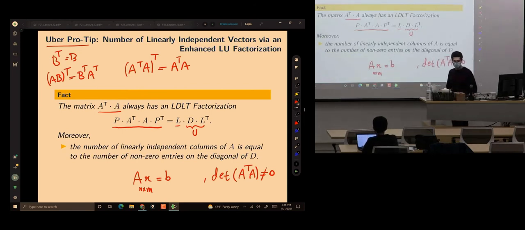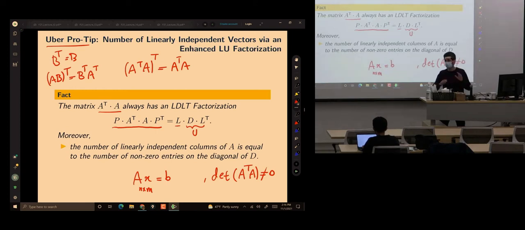Then we say that if there is no zero entry on the diagonal of D, then the columns of A are linearly independent. If there is a 0, the corresponding column from L is related to the column of A that you want to single out. That's the dependent column.